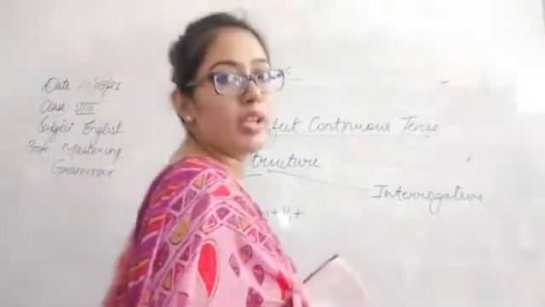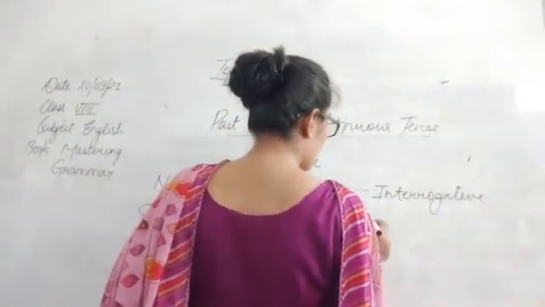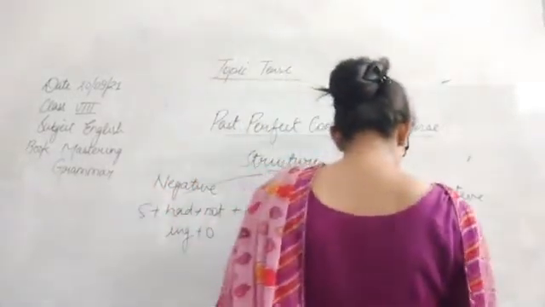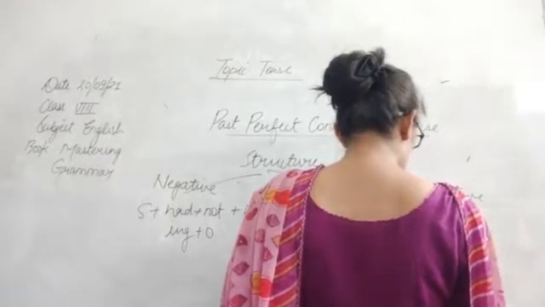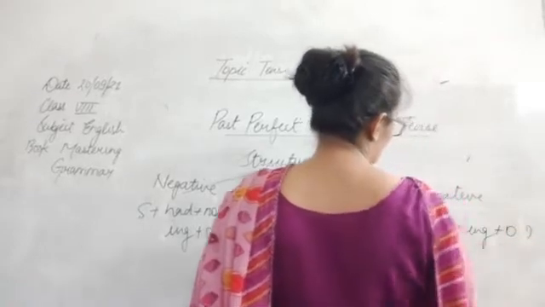And when we are talking about interrogative, it would be had plus subject plus been plus verb first form plus ing plus object and a question mark.